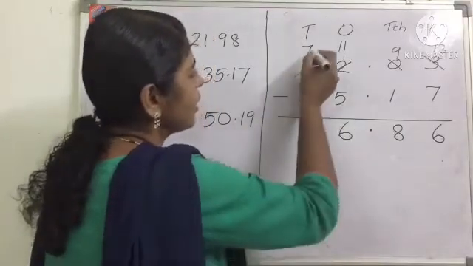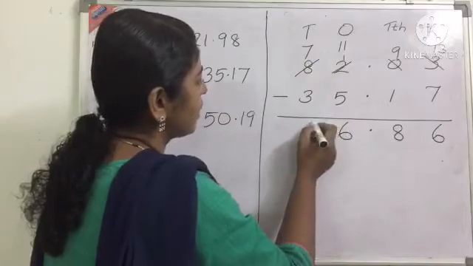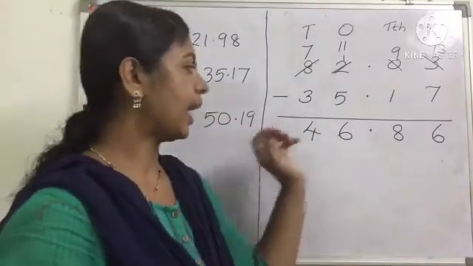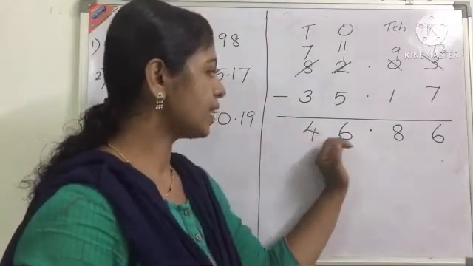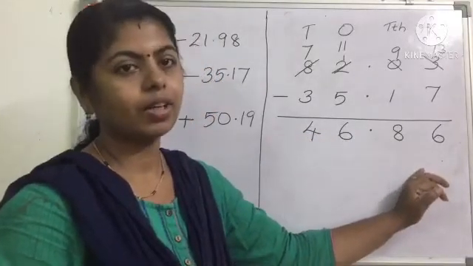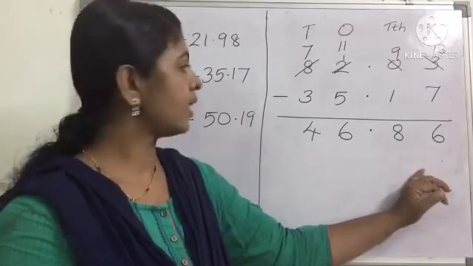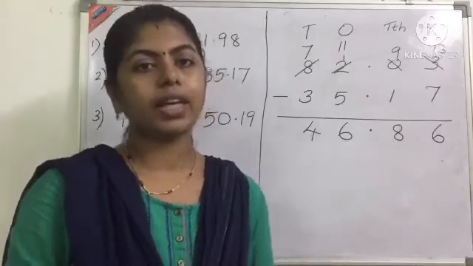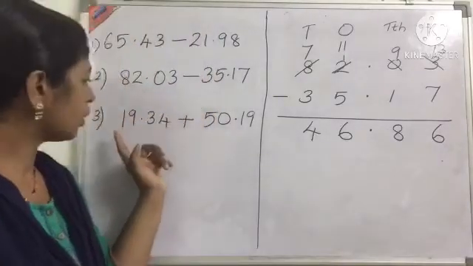Okay. Then 7 minus 3. It's 4. So the answer is 46.86. Okay. The answer is 46.86.